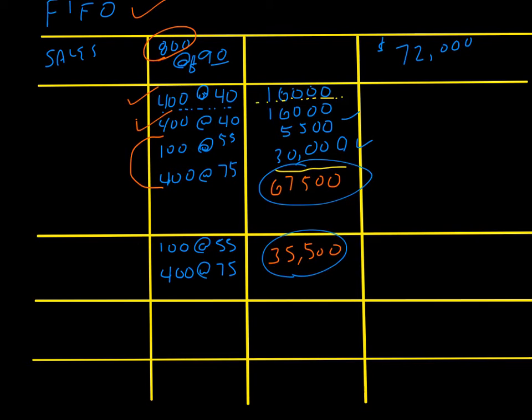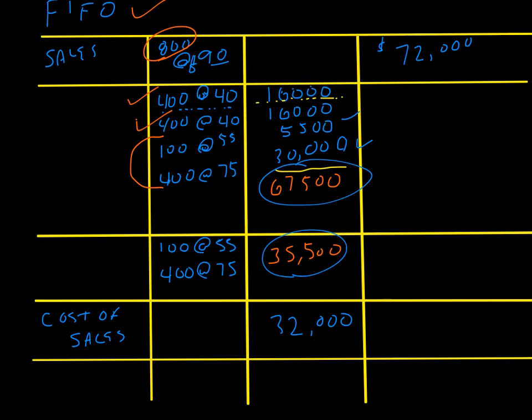So we do the math on that, and our cost of sales is going to be doing some subtraction. Let's see, that should be 32. Stop, sorry guys, I didn't stick to my theme of red colors here. $32,000.